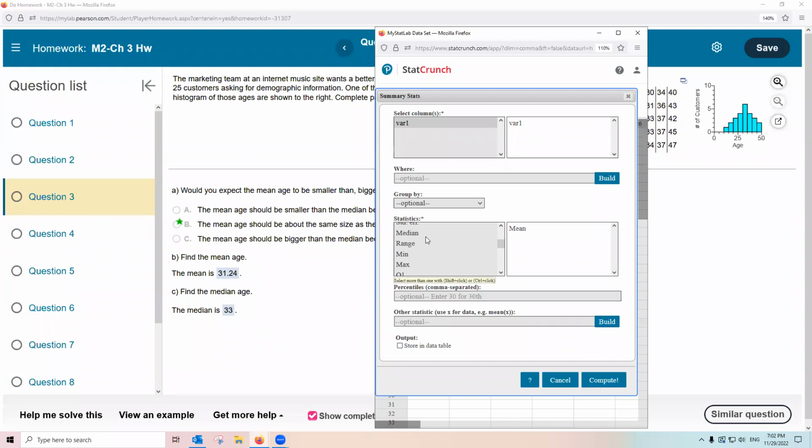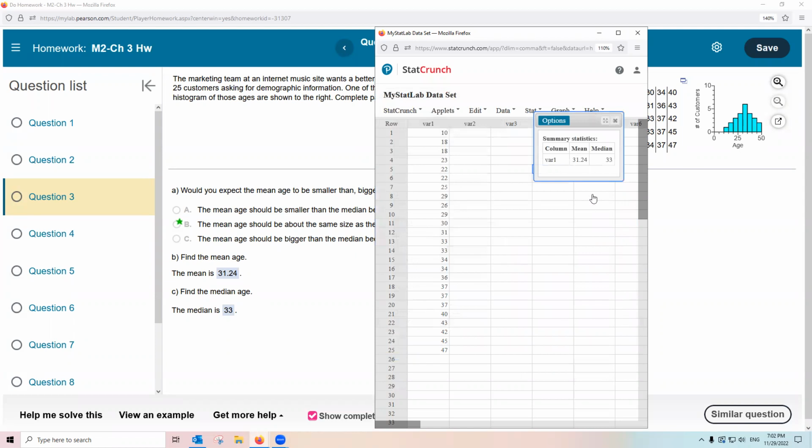I could select more, but this question is only asking me for mean and median. So I just selected them. Here they are on the right-hand side, telling me I did select them. I'm going to click compute. And it looks like the mean is 31.24 and the median is 33. So here are my answers for this question. Again, these two numbers are approximately the same, which is true of a symmetric distribution like this.